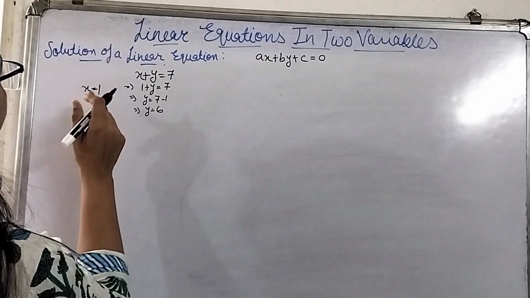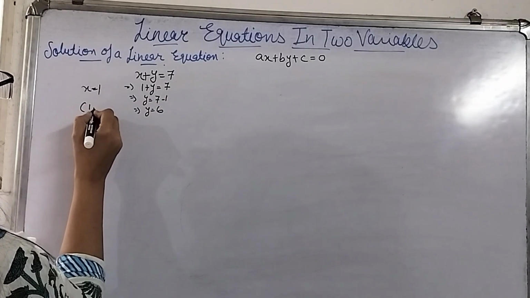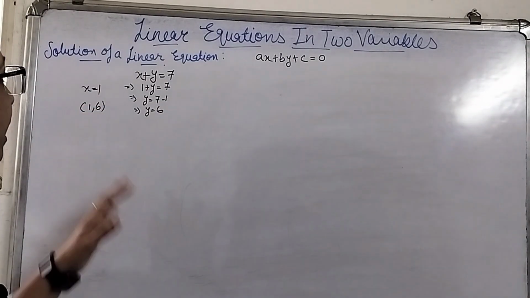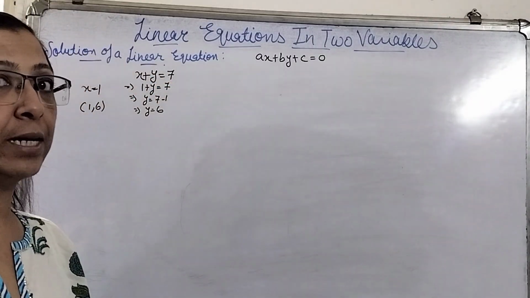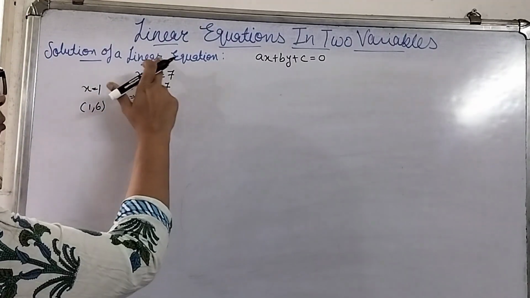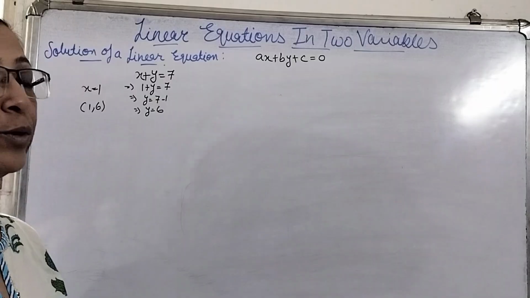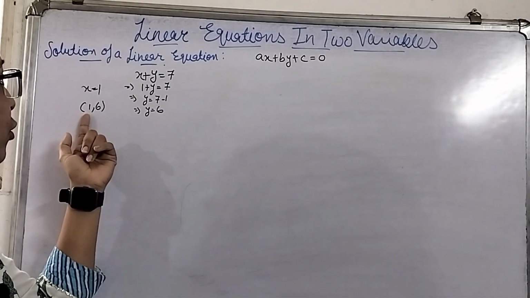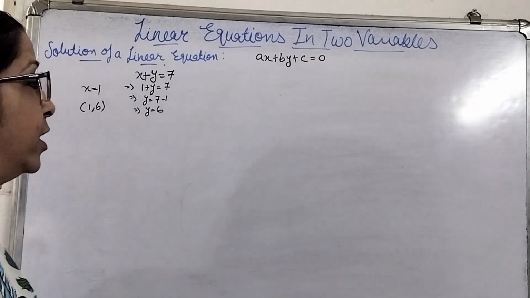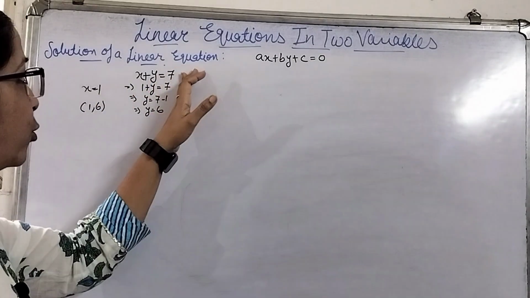That means if the value of x is 1 and the value of y is 6, it is going to satisfy the equation, that is x plus y equivalent to 7. That means 1 comma 6 will be a solution of this equation. Here we are writing it as an ordered pair. First we write the value of x, then the value of y. So this is the solution for this equation.